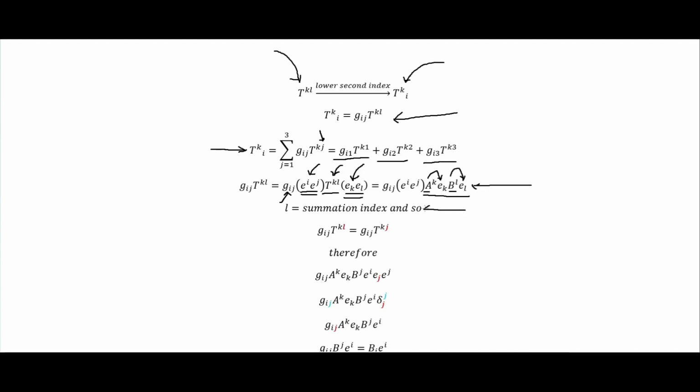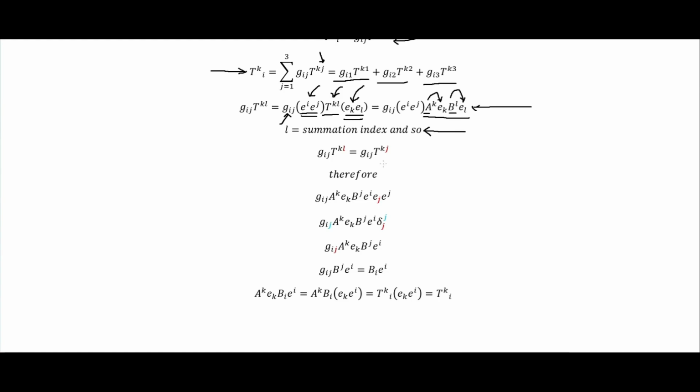And so once again, l equals a summation index. So here I wrote that we can change this l, which I put in red, into this j here, and therefore we have this g_ij, and then we have this A^k, and then this B^j here, which goes with this j. But we already have this j here from the metric tensor, and so we can take these two things and we sum over them, and we end up getting this Kronecker delta here.